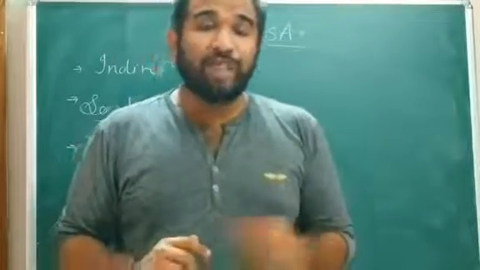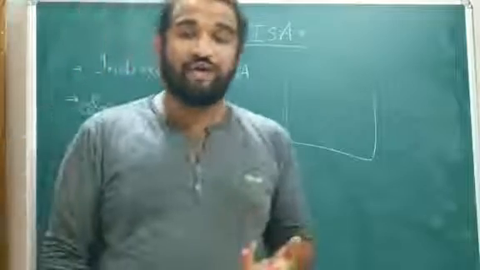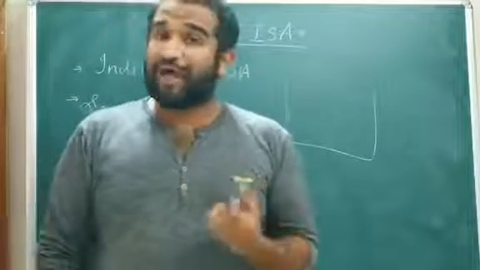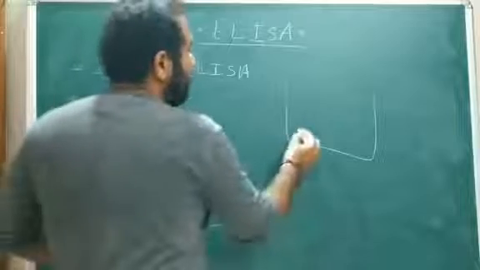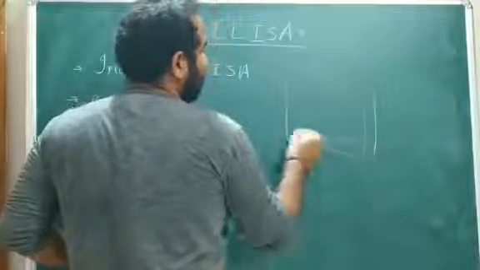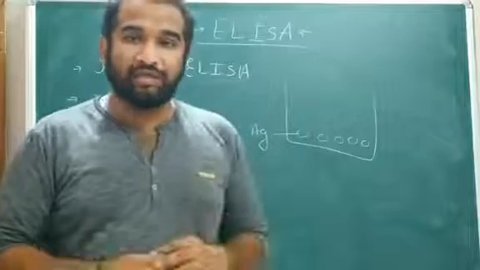Okay, so here let's study indirect ELISA. Now suppose this is a microtiter well. We all know, we are from a microbiology background, what microtiter wells are. In the microtiter wells, antigens are coated, that is, antigens are present.